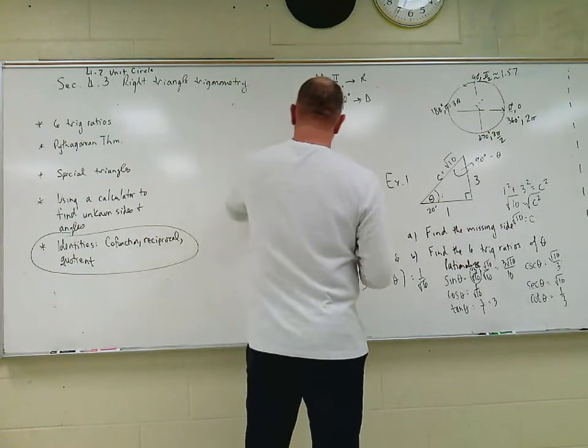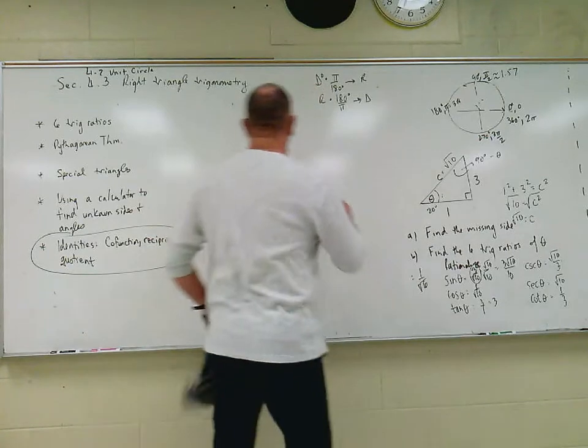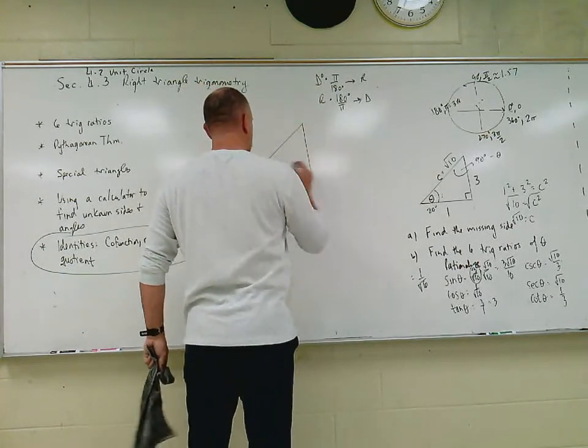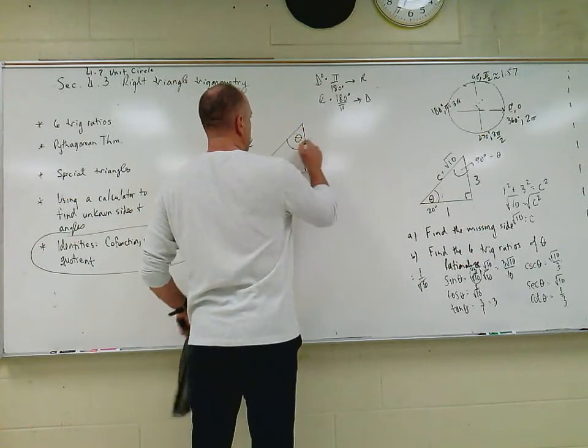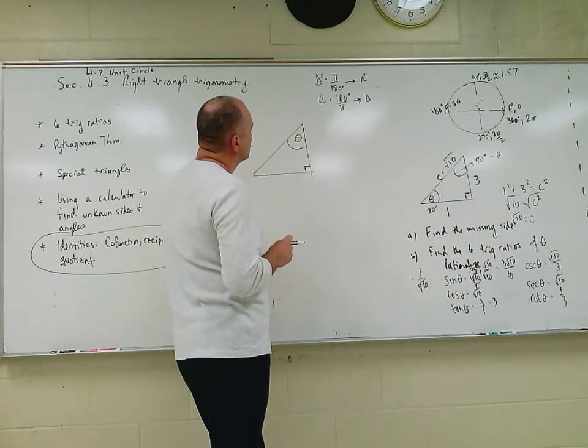Example 2, we'll work very similar to this, and then let you try. So here's example 2. Here's your triangle. Let's now call this theta, so we don't always feel that the bottom angle has to be theta.